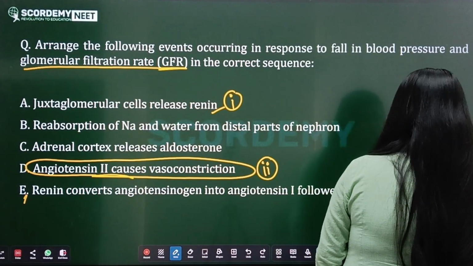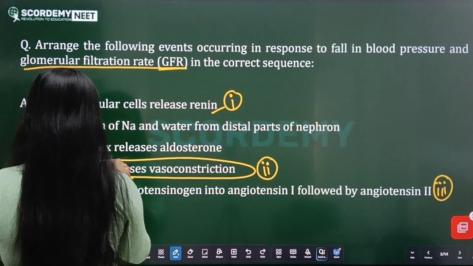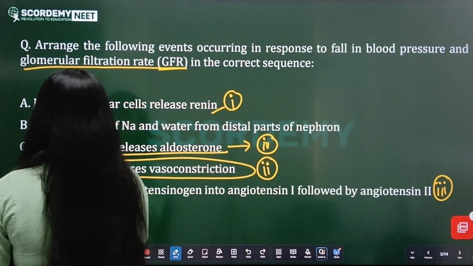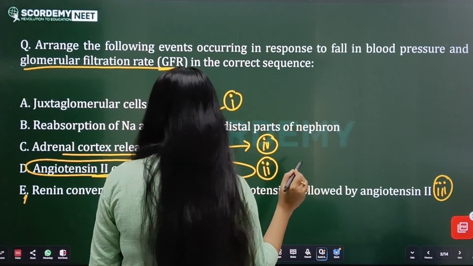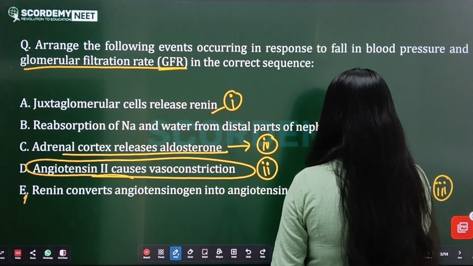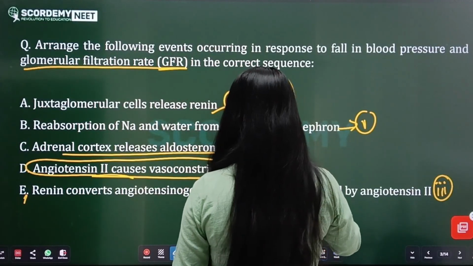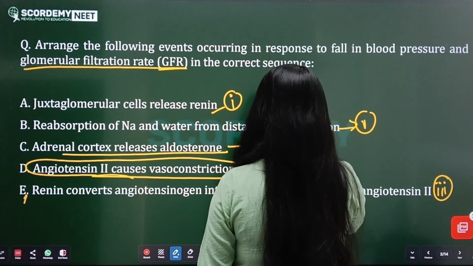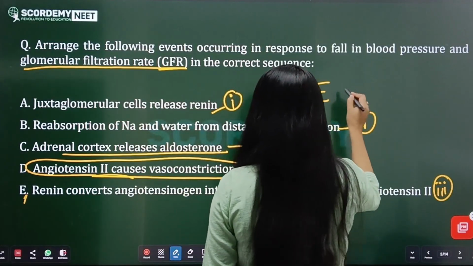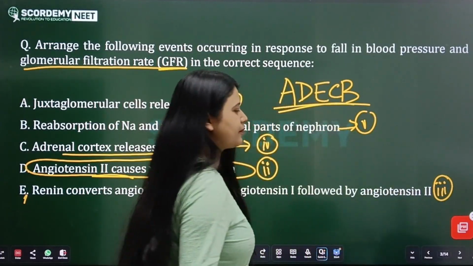Then they will release aldosterone, so this will come in fourth. Finally, aldosterone will lead to the reabsorption of sodium and water from the nephron. So the sequence is A, D, E, C and B. This is the correct sequence.